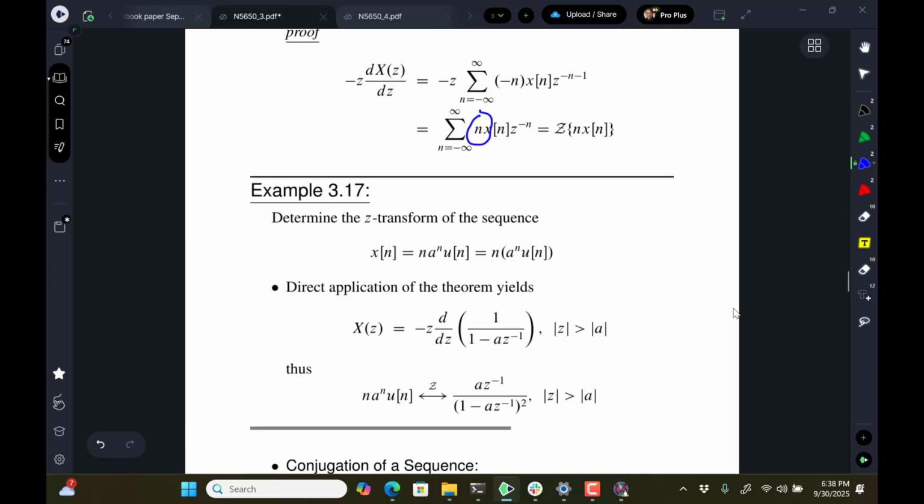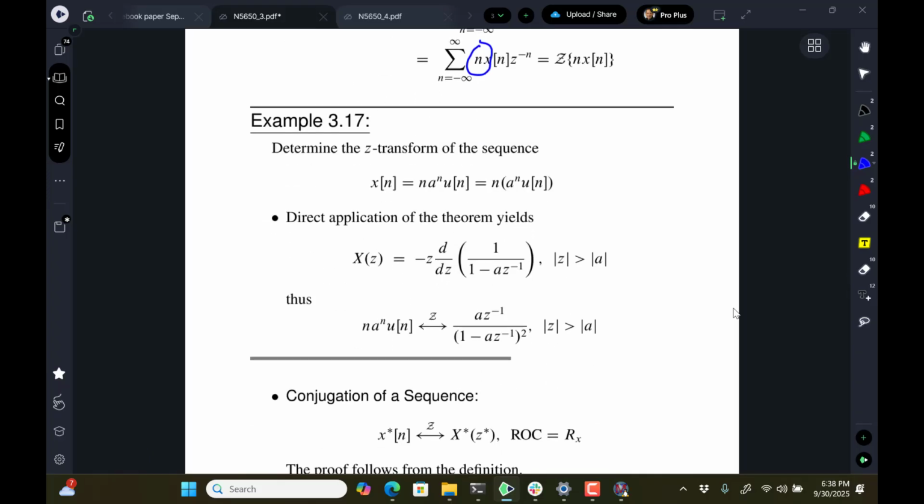Now this is where I pause and use the differentiation theorem to prove the formula that we had earlier for the inverse Z transform of a repeated root. So we can start from this idea right here and just say, what is this Z transform? So first thing to do is to consider what's inside of that. It's a to the n u of n.